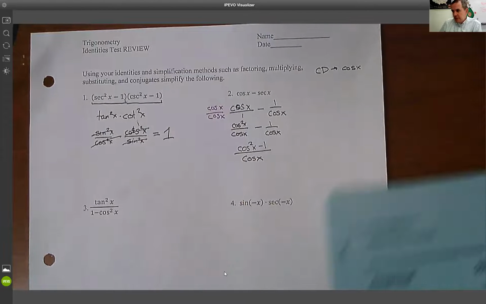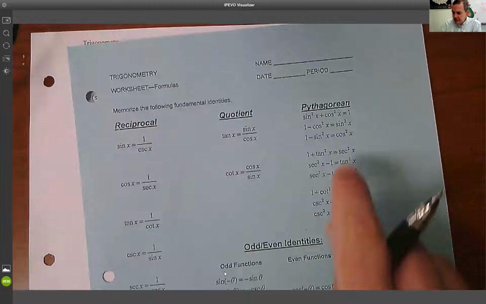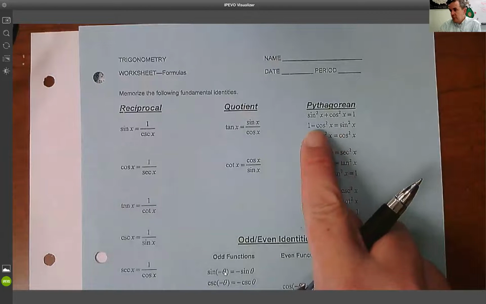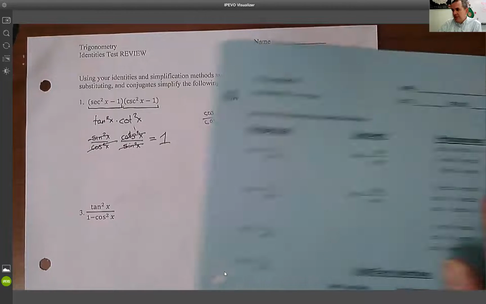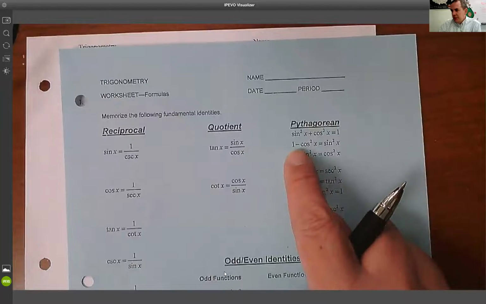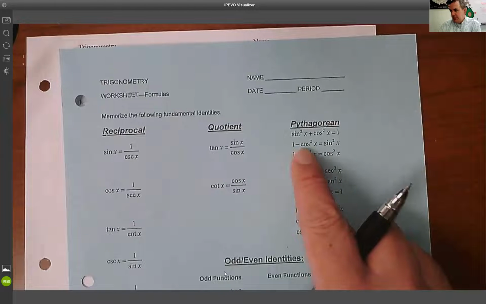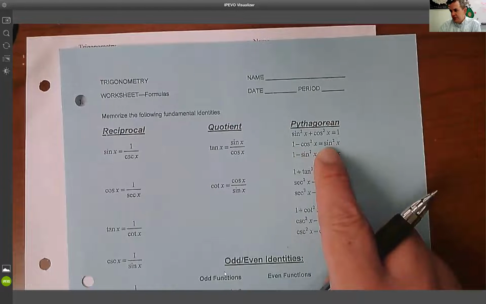Now, this is a little different. It looks like 1 minus cosine squared, but it's cosine squared minus 1. They're just the reverse of each other: I changed the sign of the positive 1 to a negative 1, and the negative cosine to a positive cosine. So I'm going to change the sign here.